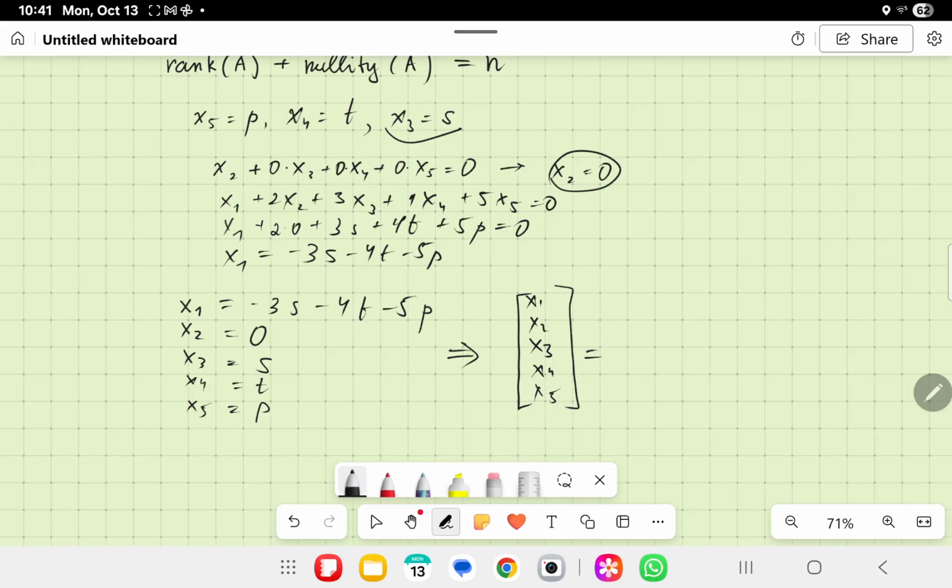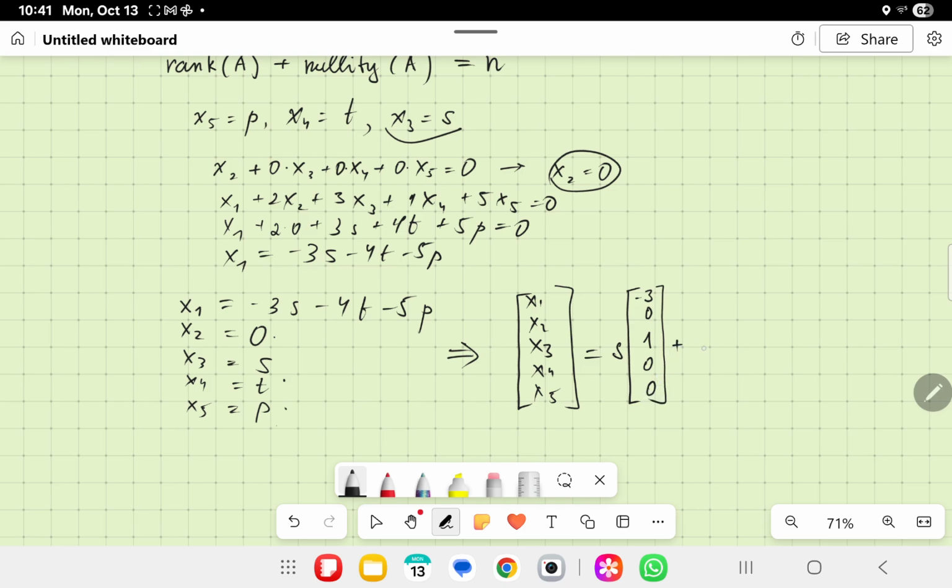So what do we have? I'm going to first put the parameter s, and I'm going to look at what s is multiplied by in every component. I see minus 3 for x1, 0 here, then 1 for x3, and then 0 and 0 for x4 and x5. There is no s in the others. So that's my first parameter, plus.